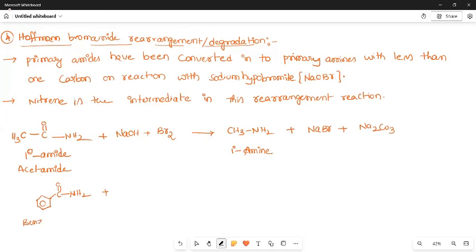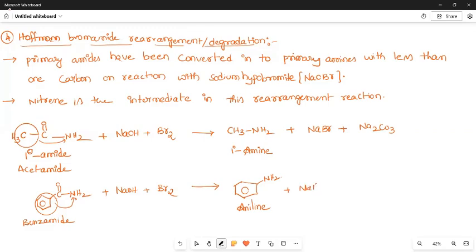This also on reaction with NaOH plus Br2 gives aniline. It's a simple rearrangement. The CH3 group comes and attaches to the nitrogen, and CO goes out. Similarly, the phenyl ring comes and attaches to NH2, and the CO unit goes out. So aniline plus some sodium bromide plus some sodium carbonate. Since there are hydrogens, plus water, here also take plus water. That's it.